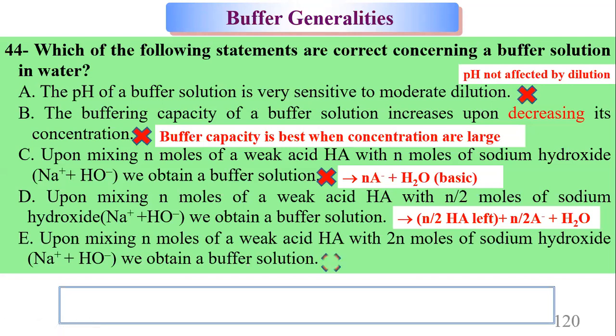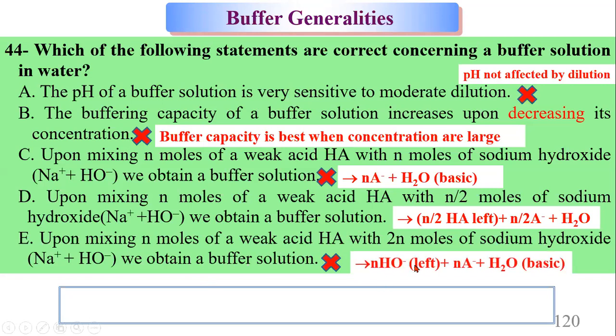Let's check out E. Okay, upon mixing n moles of an acid with 2n moles of a hydroxide, well, automatically they have more hydroxide here than I have acid. So all of the acid will be removed in my system, and I will end up having a system with leftover OH minus, n moles, and some produced A minus, and actually this system will end up becoming basic.